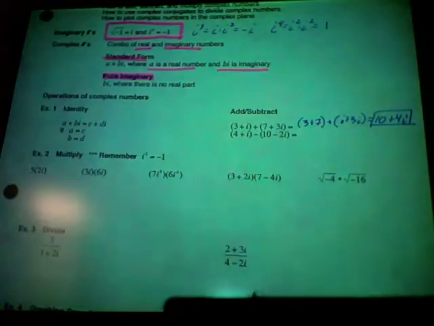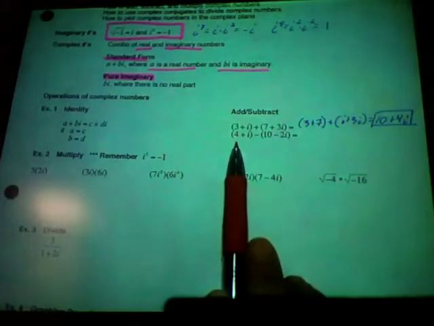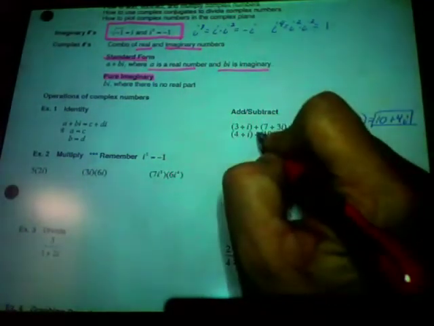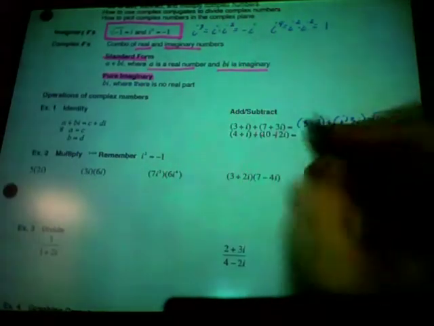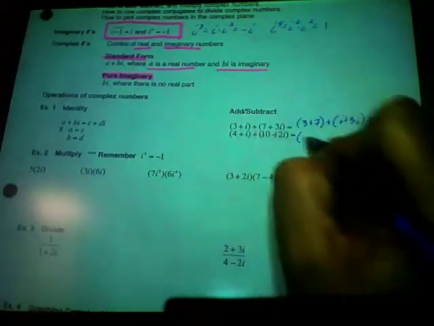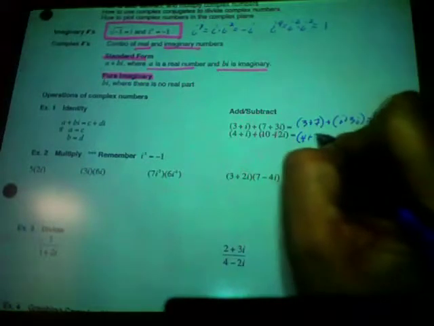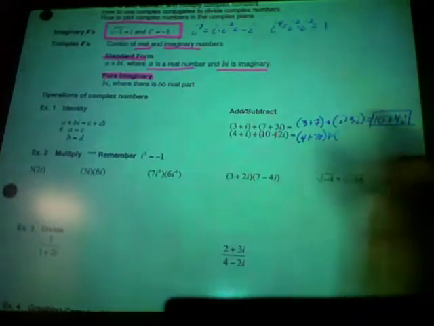And then what do you have to remember to do with subtraction? Add the opposite, distribute the negative, change the signs, right? We don't change the signs of what comes in front, only what comes after. So plus a negative and a positive. So then I end up adding the 4 and a -10, and I add an i and a positive 2i.